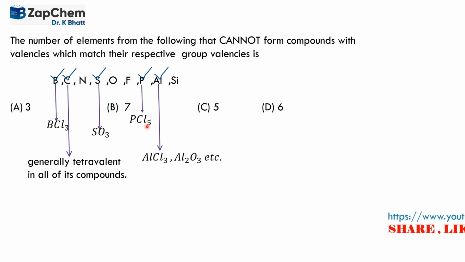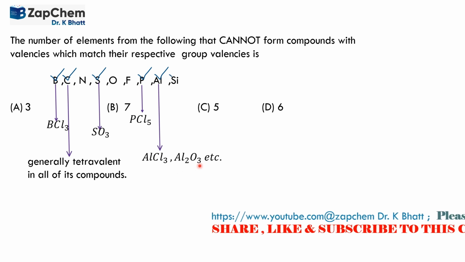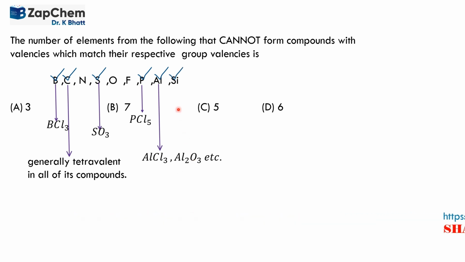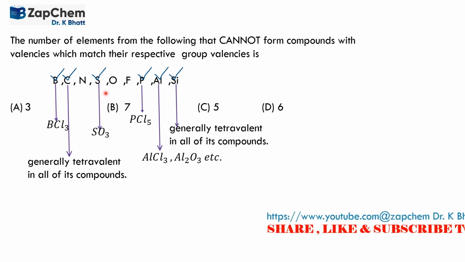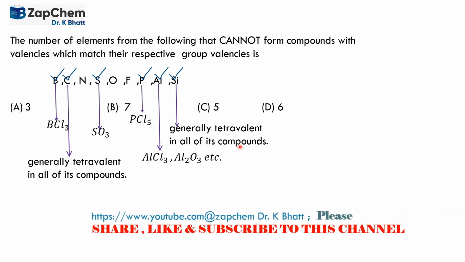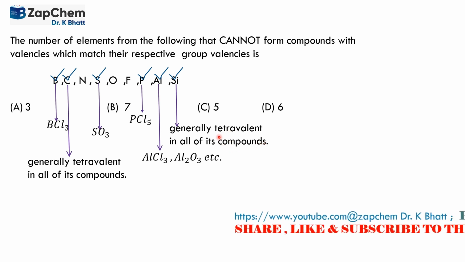Aluminum is in the 3rd group, and a number of compounds represent its valency as 3, for example AlCl3 or Al2O3. Silicon again is a well known tetravalent element like carbon, and usually the valency is tetravalent in most of the organic compounds, and inorganic compounds also respond to the valency as 4.